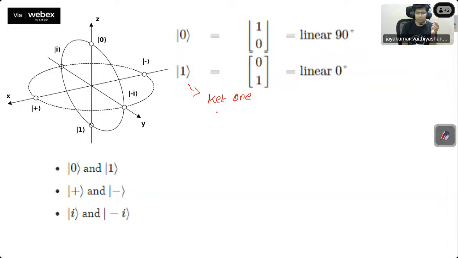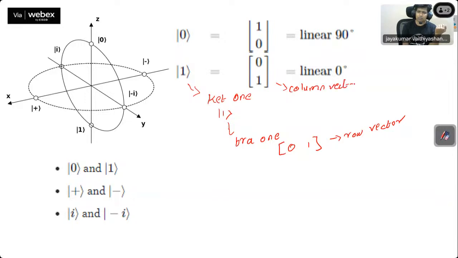There is an opposite nature of ket 1, which is bra 1. You need to reverse 0, 1, like a row vector. So this is a column vector. This is a row vector. You can represent in any form, according to your operation.